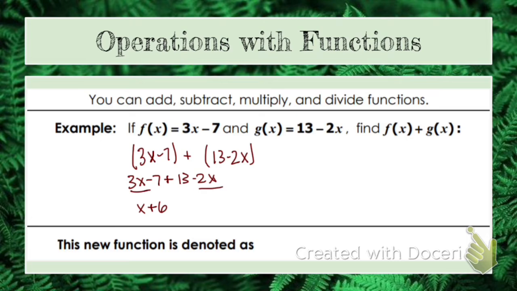We just combine like terms. So the new function is denoted as f plus g of x is equal to x plus 6. So when you take f of x plus g of x, that equals f plus g of x.